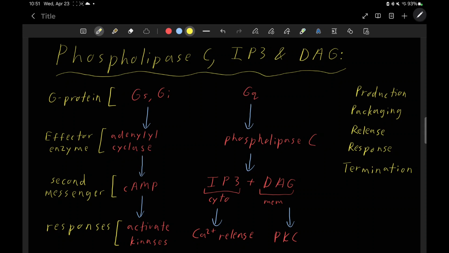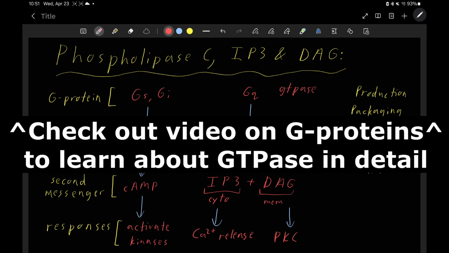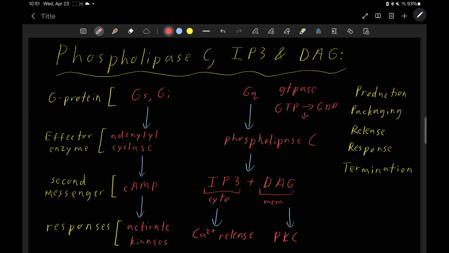Another important thing to note is that just like any type of G protein, our Gq proteins are terminated by the enzyme GTPase. This enzyme dephosphorylates our active GTP into GDP by removing a phosphate group, and by this it turns our active Gq protein into its inactive form so that it can combine again with the beta and gamma subunits and return to the GPCR.